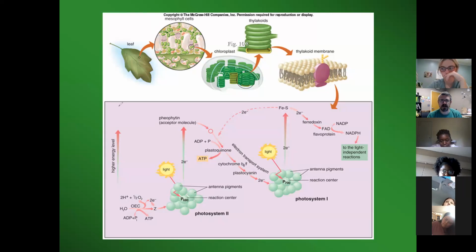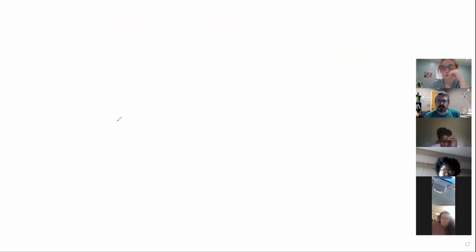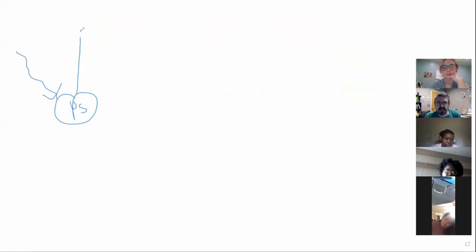And just for a second, I wonder if I can switch to screen. I want to go straight to the whiteboard here. So can everybody see the whiteboard? Okay, so here's your photosystem. So PS, when light hits this, the way I just kind of view this is that the electron goes up in energy, and then there's a kind of a stair-step process in which we lose energy.